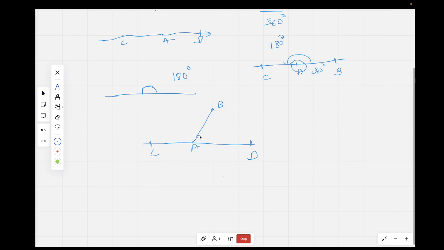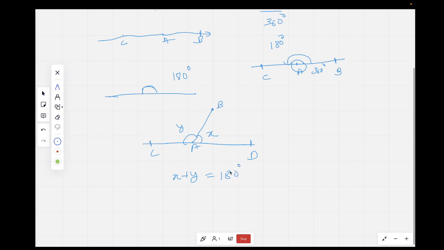So the angles BAD and BAC, let's call them X and Y. We can say these are adjacent angles because they have a common line segment and a common vertex. So these two angles are called adjacent angles, and X plus Y will be 180 degrees.